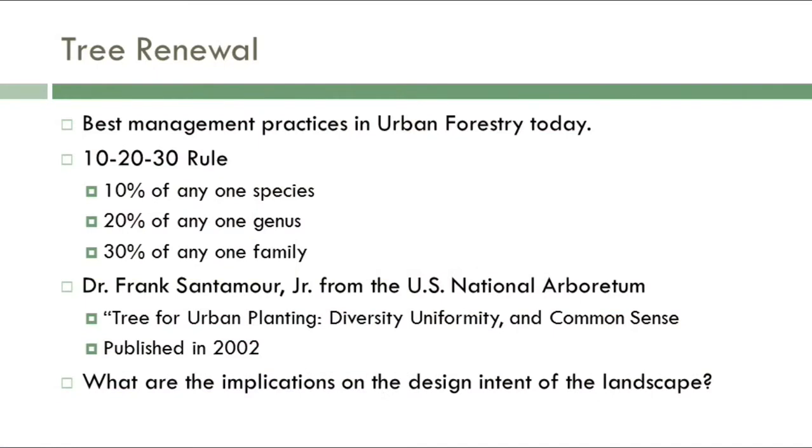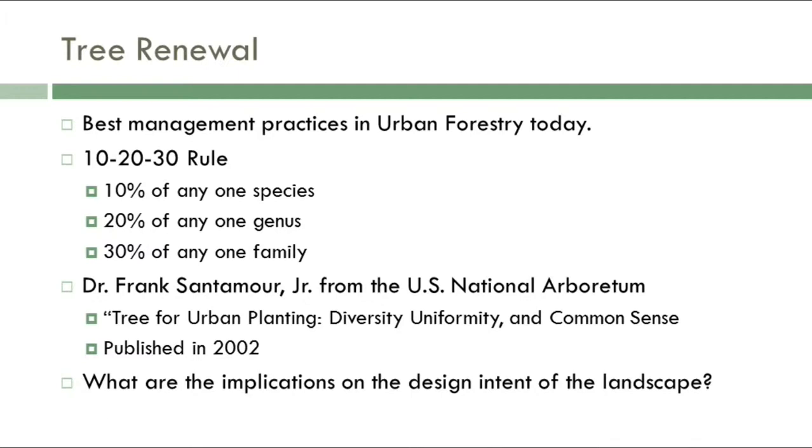But again, I want to say, what are the implications of this 10-20-30 rule on the design intent? There are many places where this just isn't possible, where there is a clear design intent of uniformity, and uniformity is paramount. Now, within uniformity, can you go back to the characteristics of tree height, a vase-shaped tree versus a pyramidal tree?